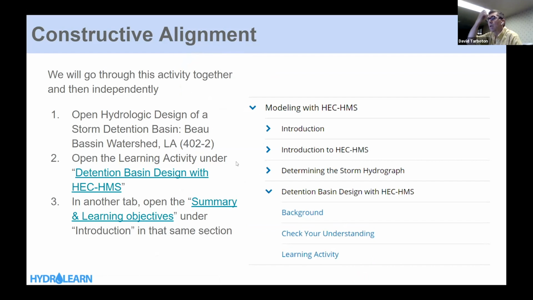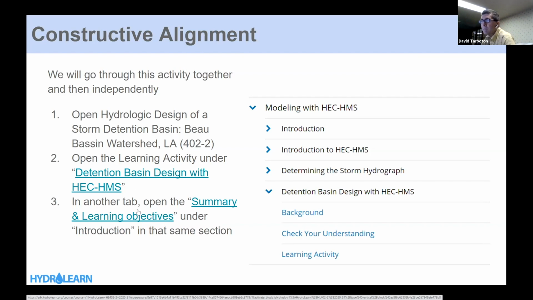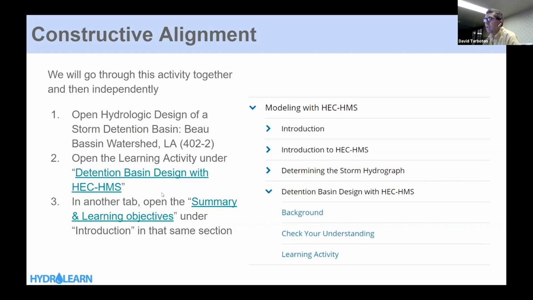So we're going to go to the Beaubassin module and look at the learning activity under the detention basin design with HEC-HMS, side by side with the summary learning objectives, and do a bit of examination on the fly as to how well these align.